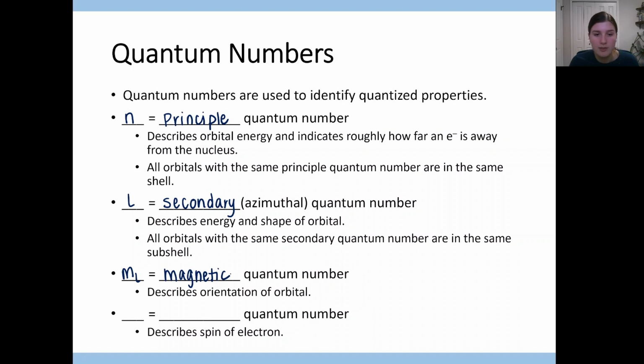This describes the orientation of an orbital. Hopefully this will make more sense as we talk about specific orbitals. And then m with a lowercase s subscript is the spin quantum number, and this describes the spin of an electron.